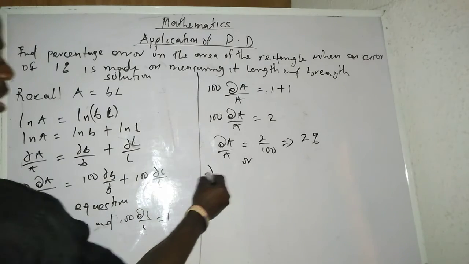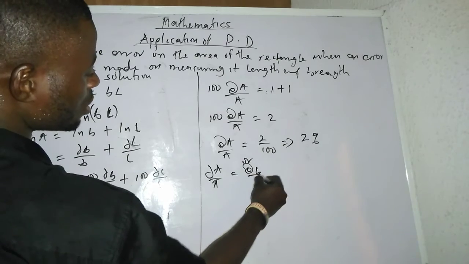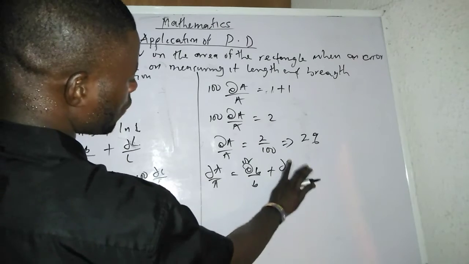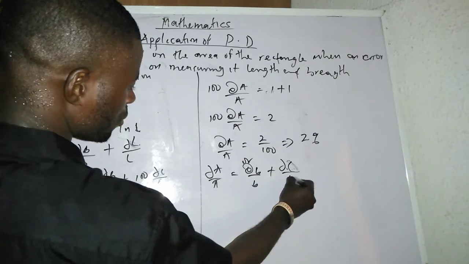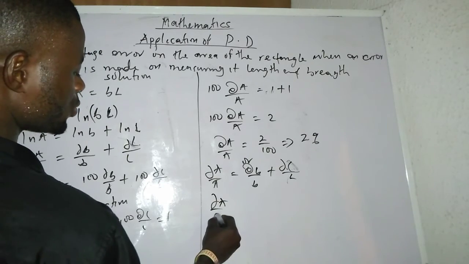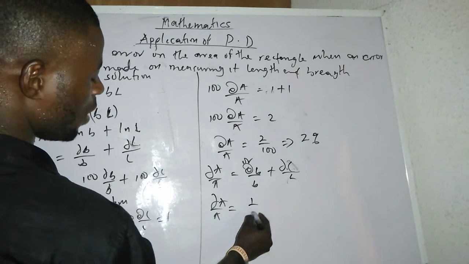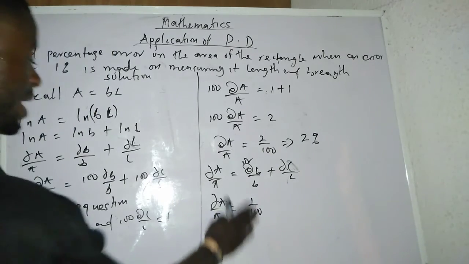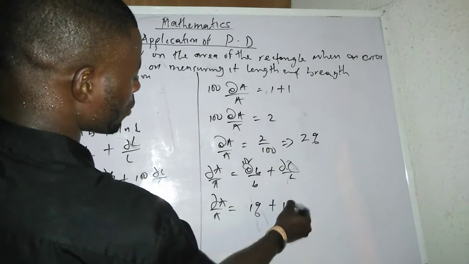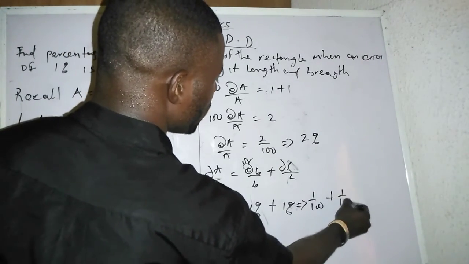My error in area equals error of breadth plus error of length, which I will have dA over A equals 1 all over 100, because 1% plus 1%, which also implies 1 all over 100 plus 1 over 100.